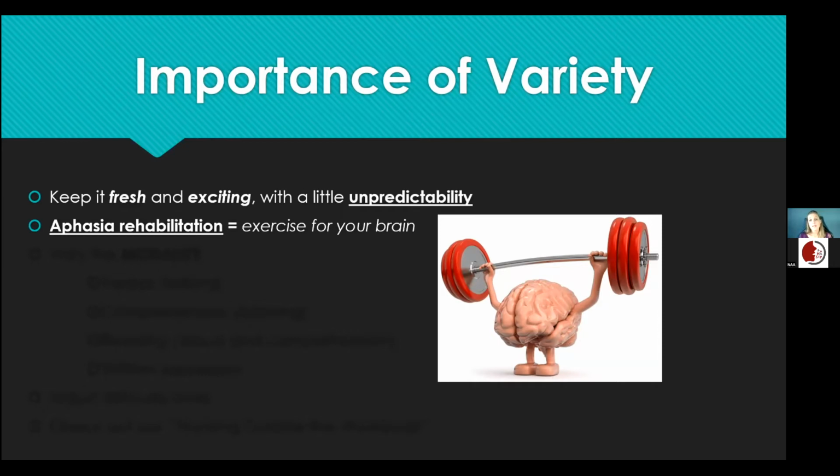You can even consider, and I have some patients who do this, incorporating your physical program and your mental activity into one. So go for a walk and talk about what you're seeing. Talk about what the people are doing. Oh, she's hitting a ball. He's shooting a basketball. She's running.